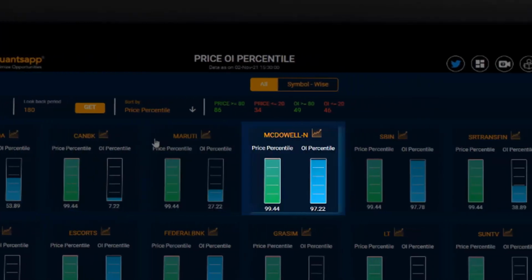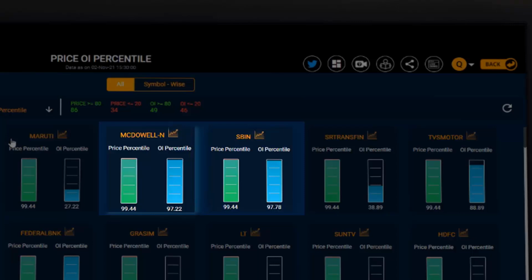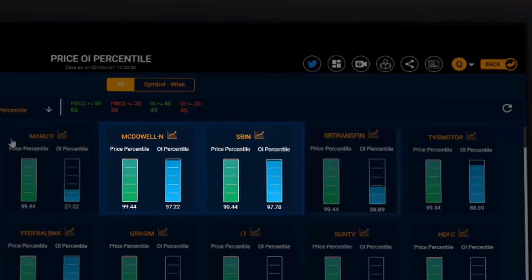If we see McDowell, if we see SBIN, the prices are moving up along with the OI going up, right? That tells me McDowell and SBIN have very strong momentum, because the prices are going upwards and the open interest is also going upwards.